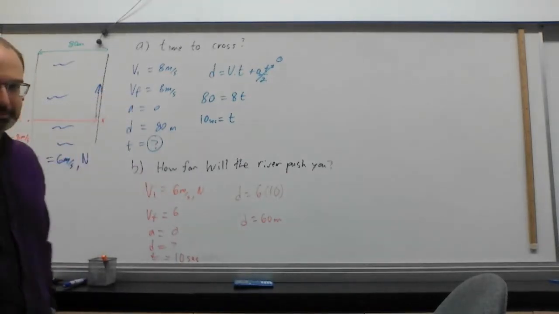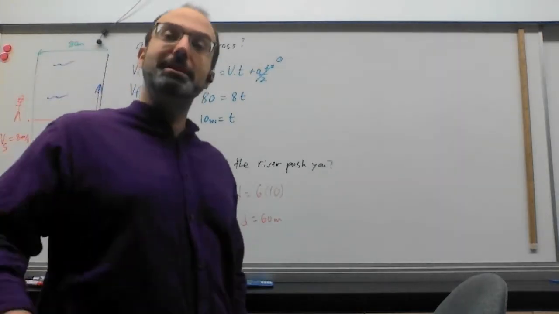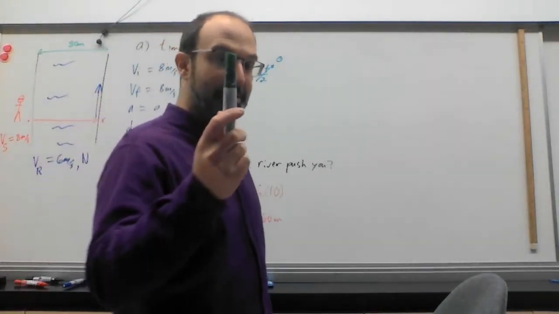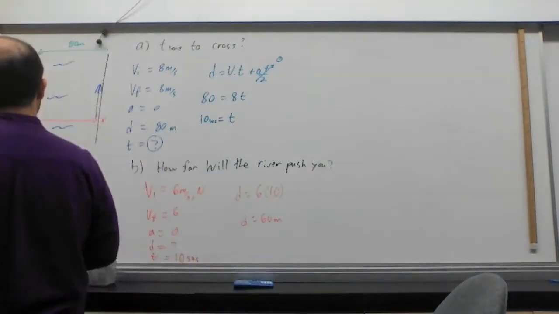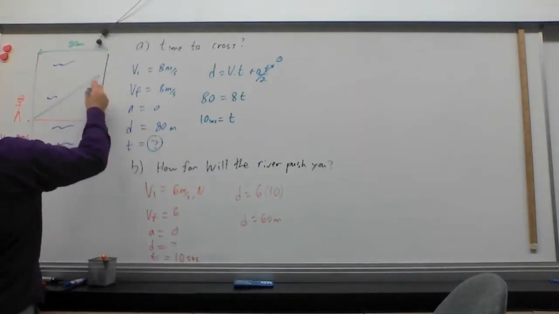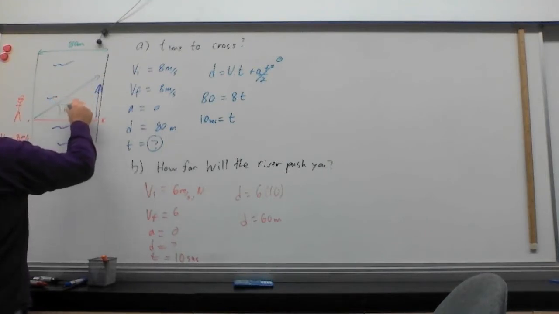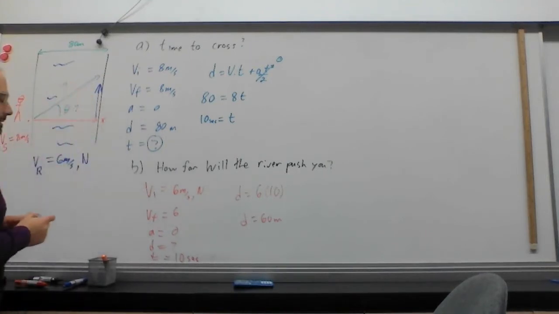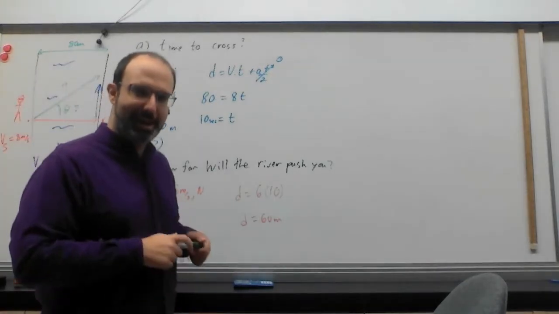Well, well, well. What do we see here? A two-dimensional vector with an angle. Well, we know what to do with that.